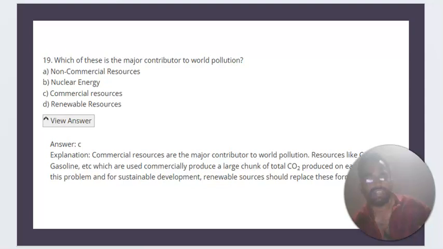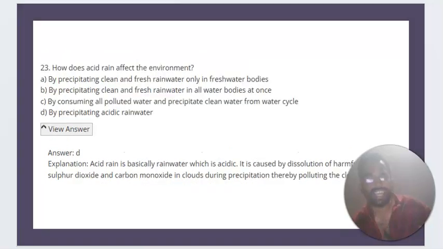Now coming to the next slide, the 17th slide, you can see: how do acid rains affect the environment? You can see here D1 is the right answer, by precipitating acidic rainwater. Acidic rainwater is the main reason, especially in acid rains in the environment.